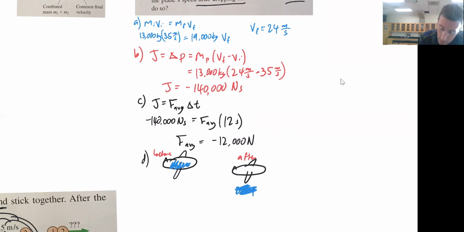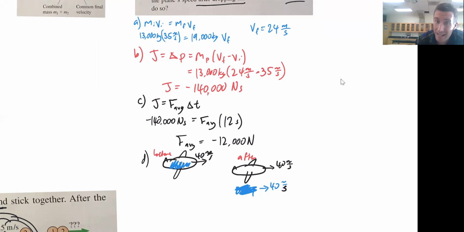The water is below the plane, but it's still going. There we go. At the beginning, the plane and the water were going 40 meters per second. Afterwards, the water is still going 40 meters per second, and the plane is still going 40 meters per second, assuming no air resistance.